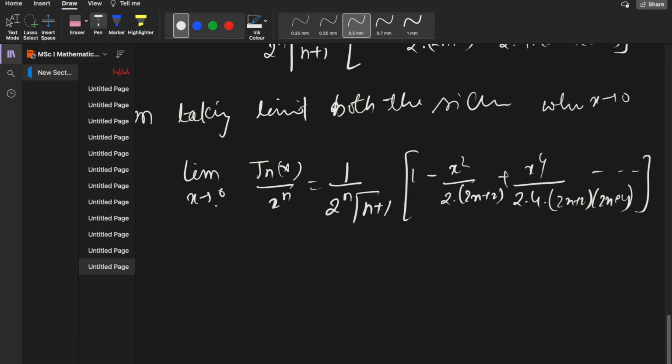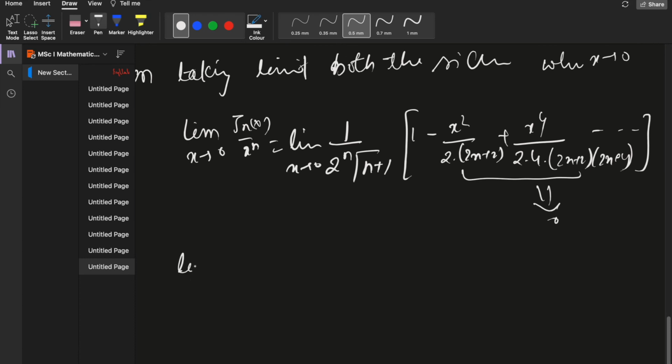So if we take the limit x tends to 0, Jn(x) upon x to the power n is equal to limit x tends to 0. So all these terms will vanish, this goes to 0.